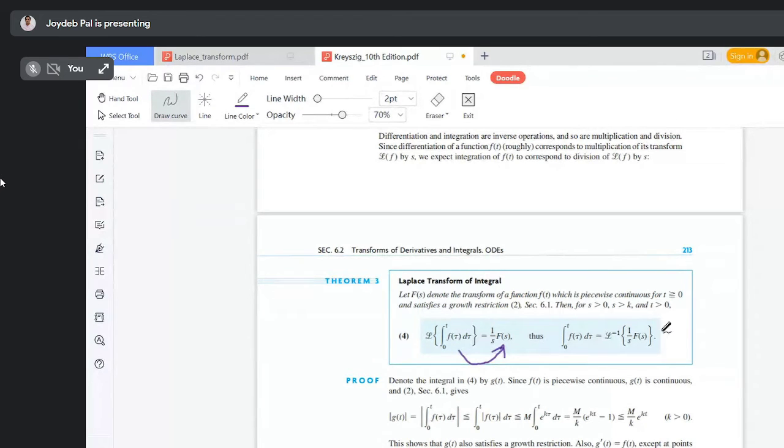So from now on, if a function is given in the form something by s, we will apply this formula. Okay, if a function is given in the form something by s, or we can express it in the form of something by s, then we can find the Laplace inverse of it by that integration.